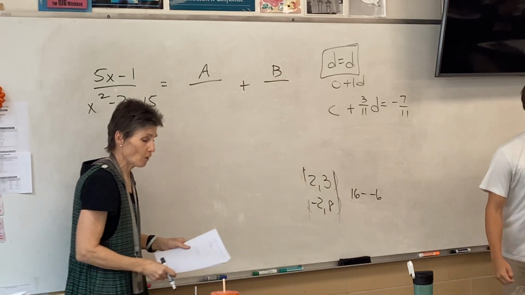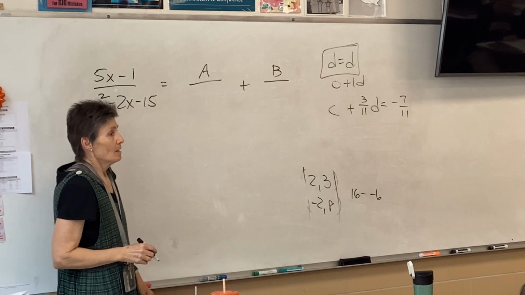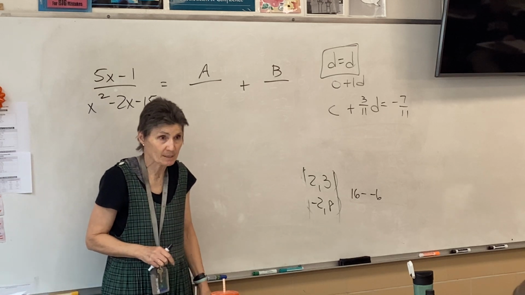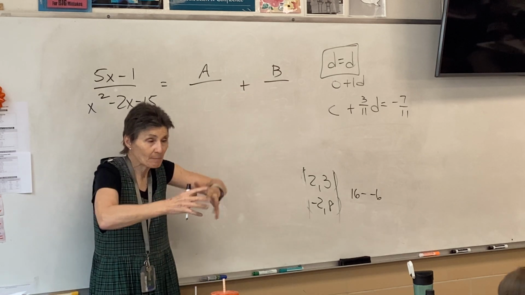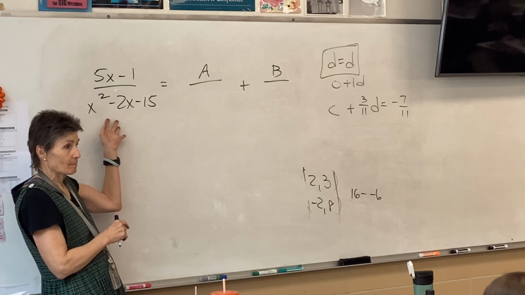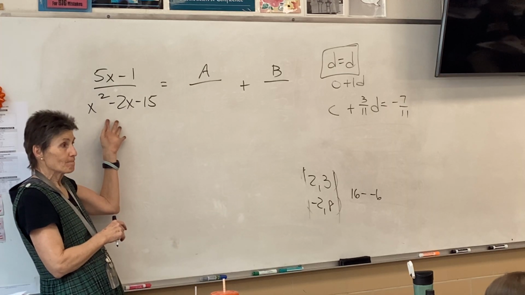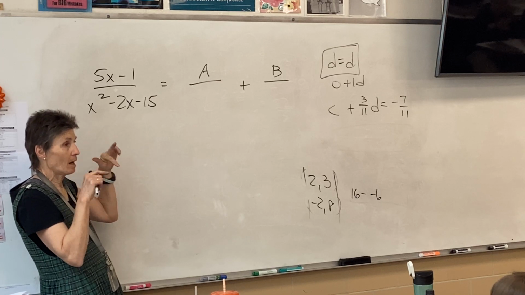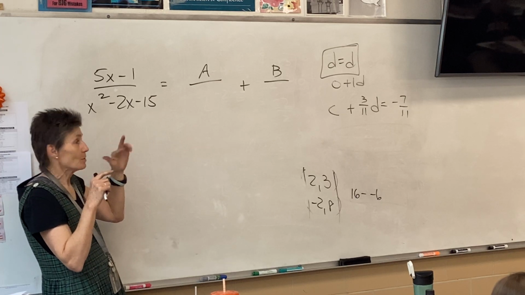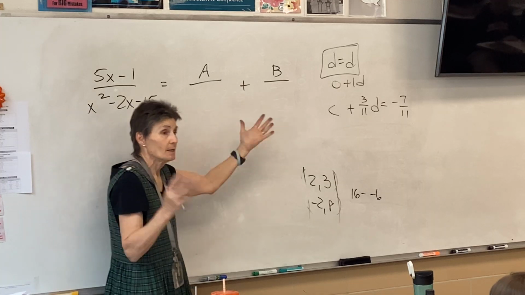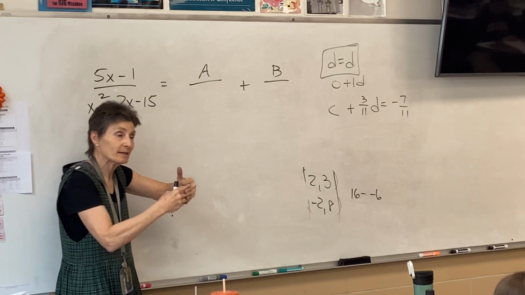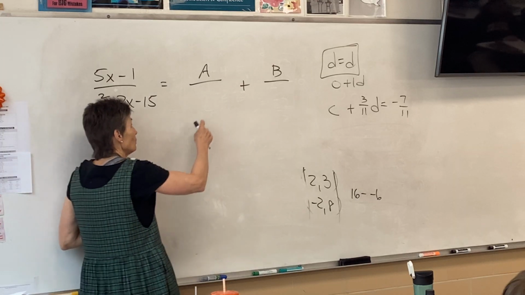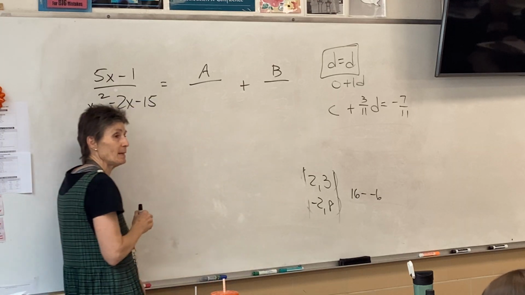By partial fractions, we mean the two little fractions that when you add them together, give you this. So I want you to think uncommon denominator. I had two fractions, I made a common denominator, added them together, and got this. Any idea what these two denominators might be?